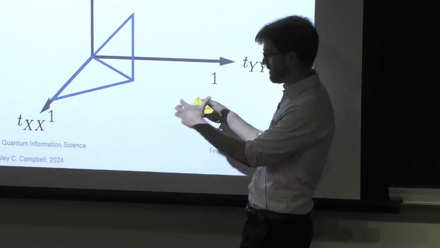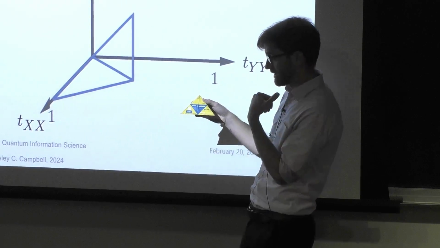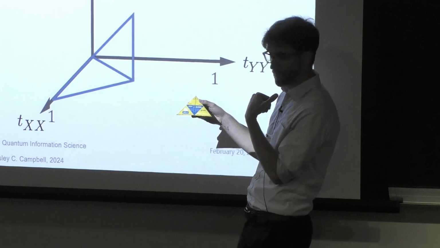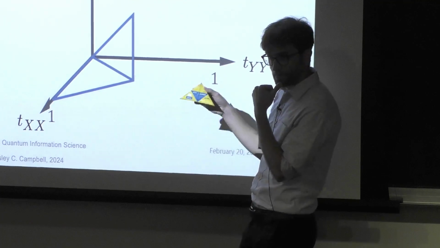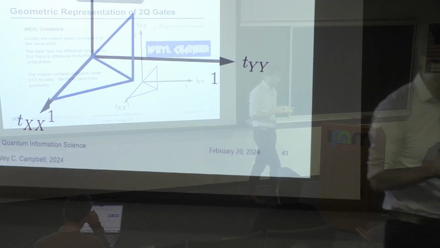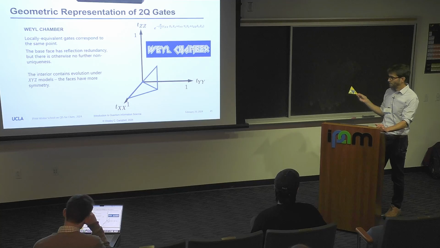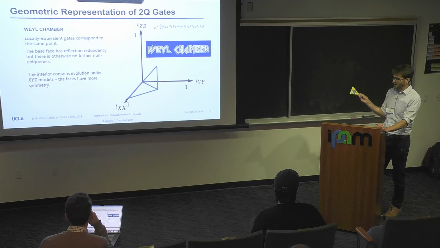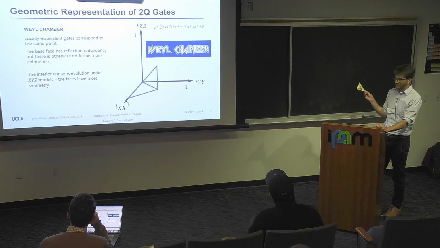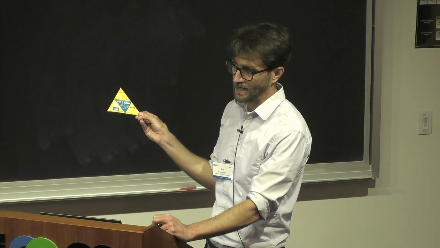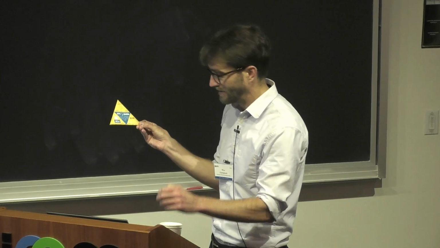In your Weyl chamber, you even have an interior, if you care to actually make sure that you can still open the thing up. But you should be able to take any 2-qubit gate, and there will be a unique point either on the surface of or interior to this thing that corresponds to that 2-qubit gate, because that tells you what the XYZ gate is.